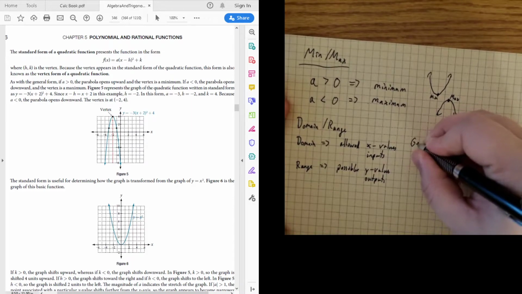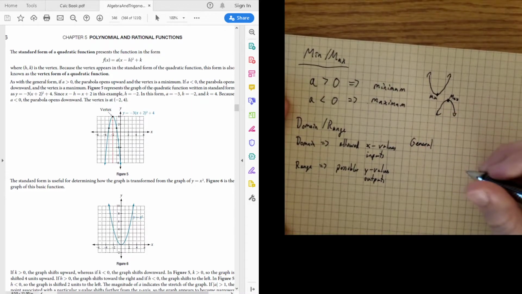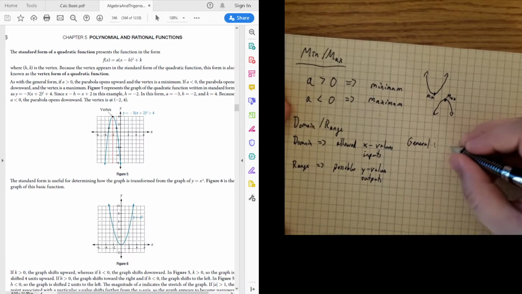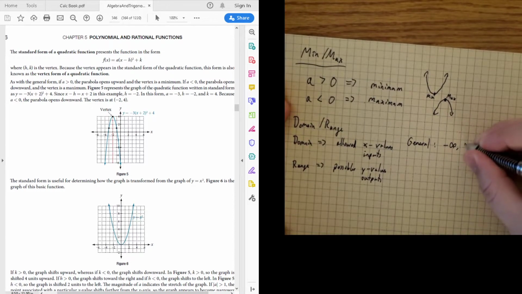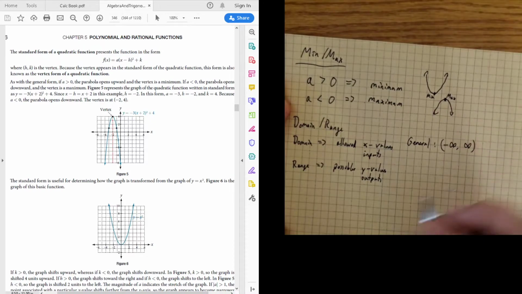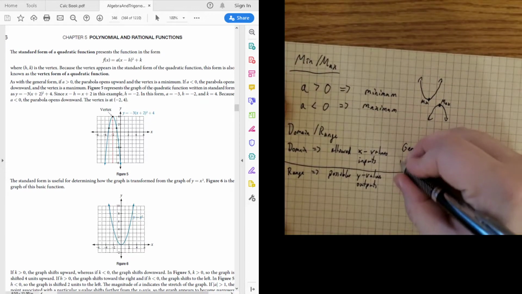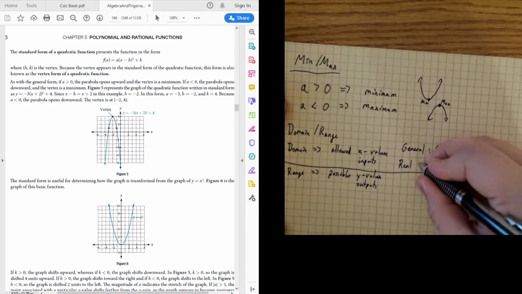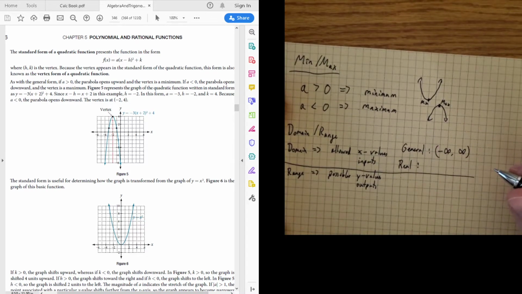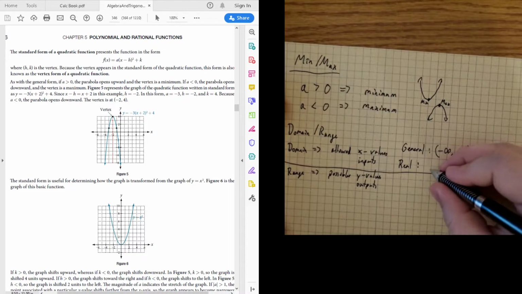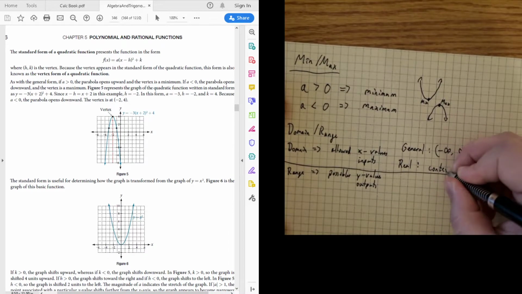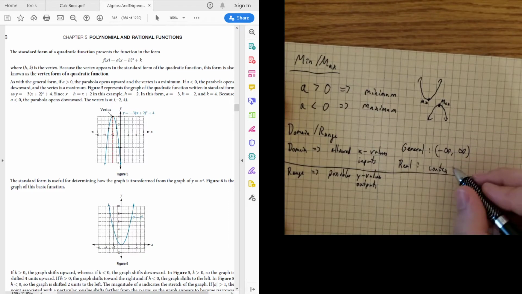In general, the domain is negative infinity to infinity, meaning you can plug in anything you want, and it works. However, in some real problems, like if they give you a realistic situation, you have to look at the context. There's a chance in the real problem that there's a number that doesn't make any sense.